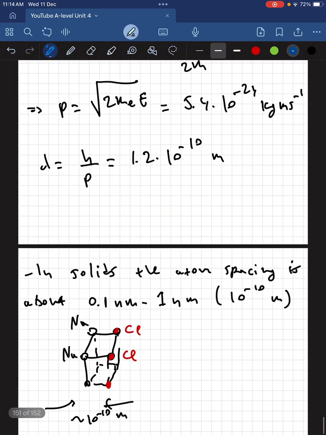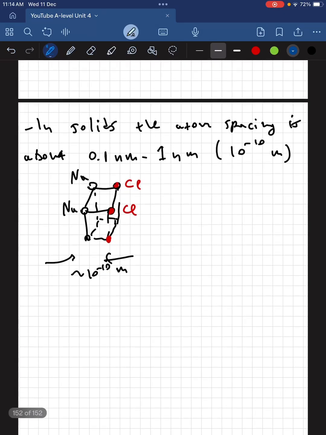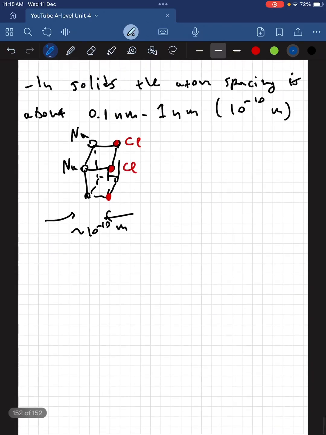Just like we do with waves. When waves pass through openings that have the same length as the wavelength of those waves, you see interference patterns and diffraction patterns, right? So you expect these electrons passing through a salt cube to have interference phenomena, okay?